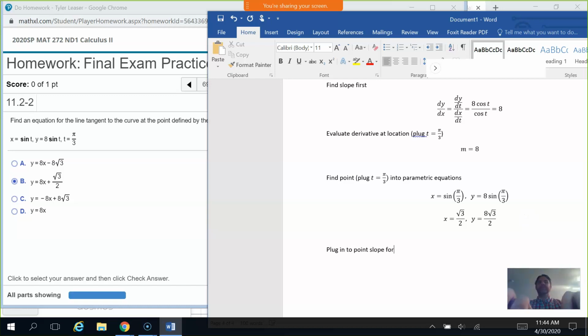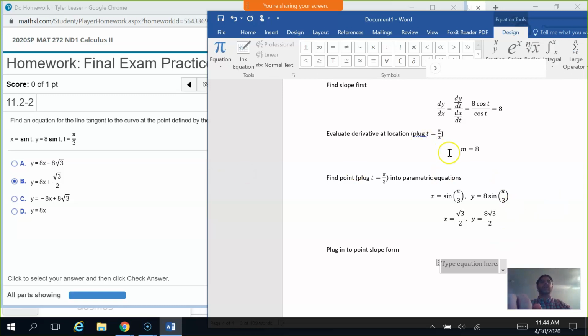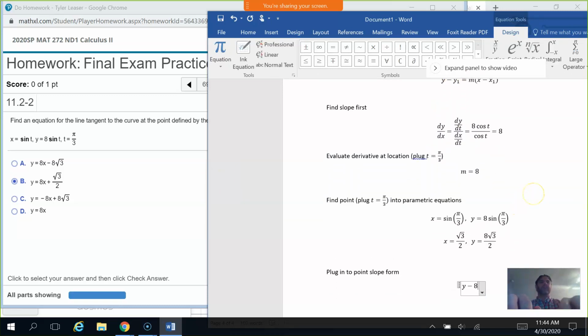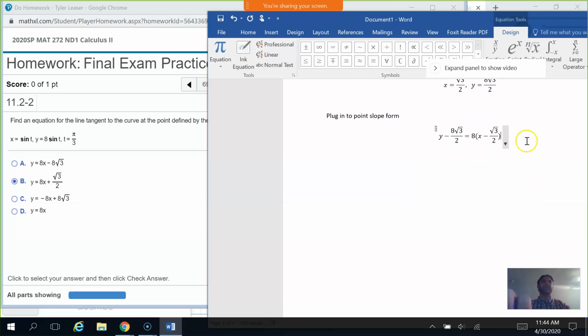The point slope form. We get this, right? So we're going to get y minus the y of the point, so y minus 8 square root 3 over 2, and that's equal to the slope, which was 8, times x minus the x component, square root 3 over 2.